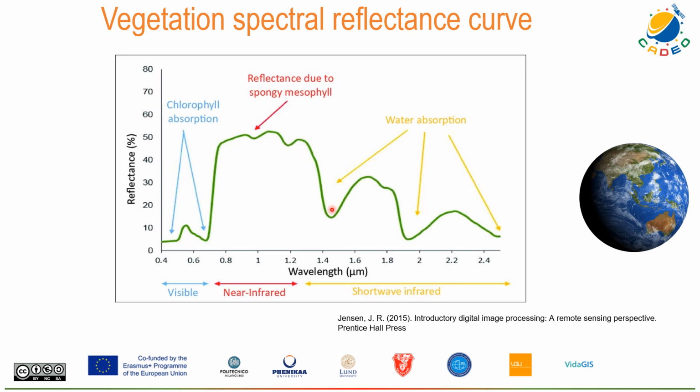And then further at longer wavelengths, we see these water absorption parts that is also typical. So this is how vegetation would look like, the multispectral signature for vegetation. And we have the visible part here, near infrared part here, and also the short infrared part of the spectrum. So this is how we can recognize if there is active vegetation on the ground from the satellite sensor.